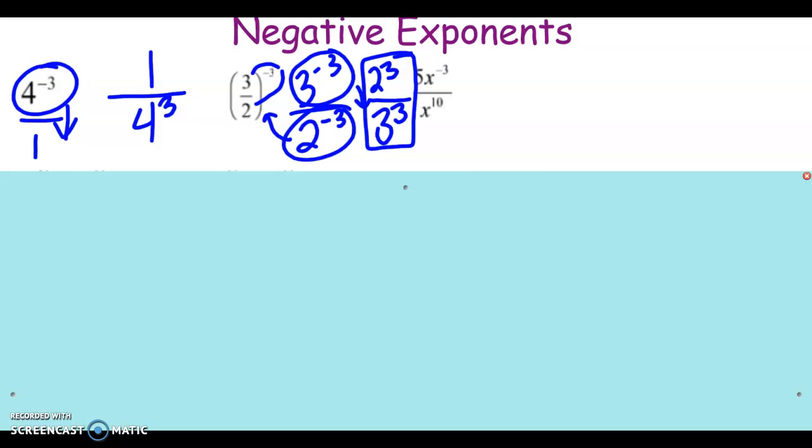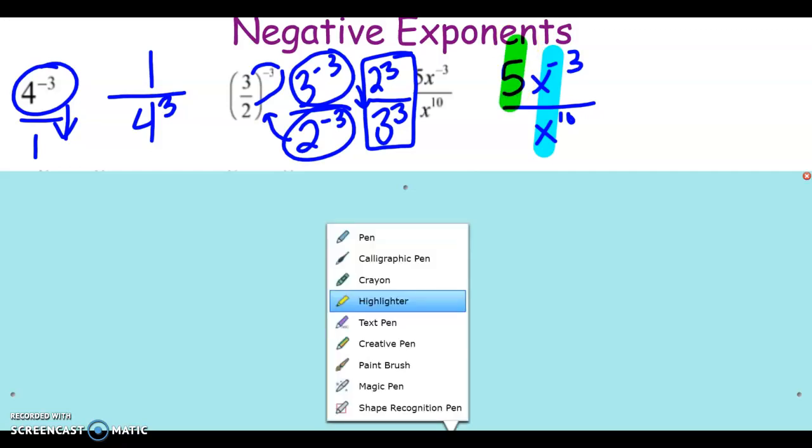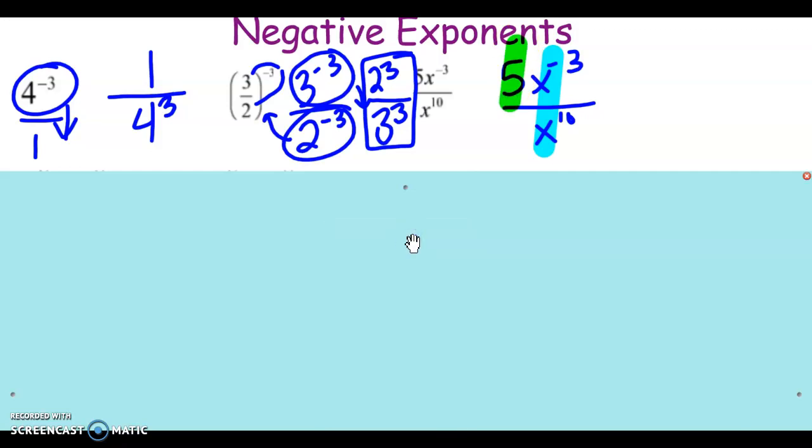Okay? Notice, I'm going to rewrite this. Notice that these are 2 separate things. This is where I like to use highlighters or just to identify different areas. So this is one thing, and this is another. Okay, so if that is the case, I'm going to keep my 5 because nothing changes with my 5.